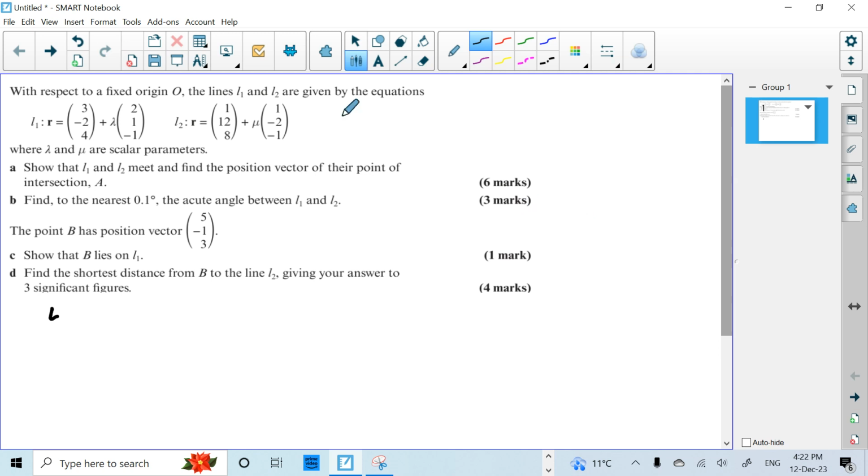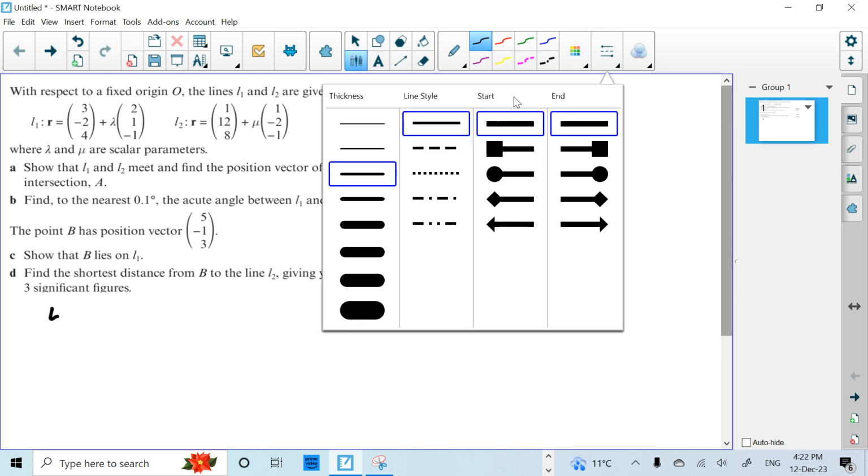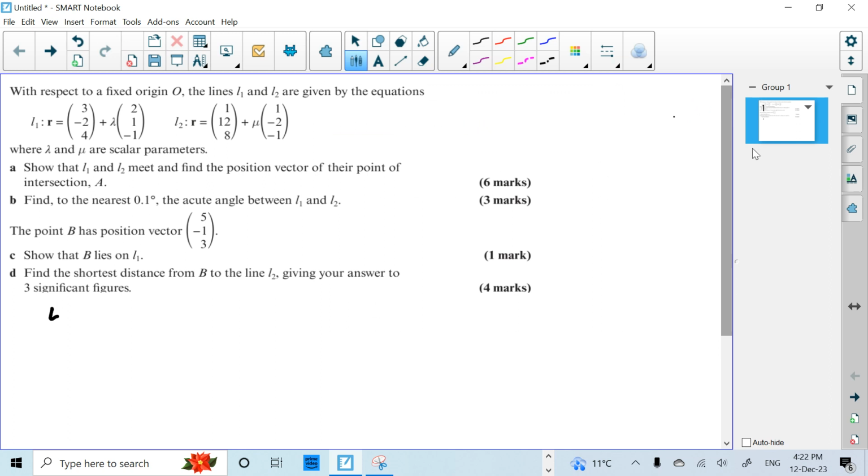Let's get rid of that and start afresh. We don't want to take up too much time because this is a big question for 14 marks.